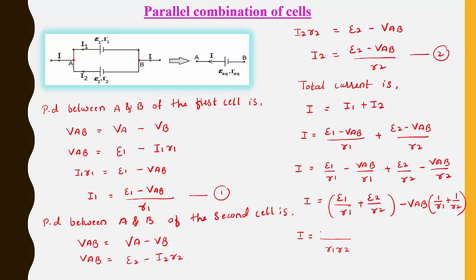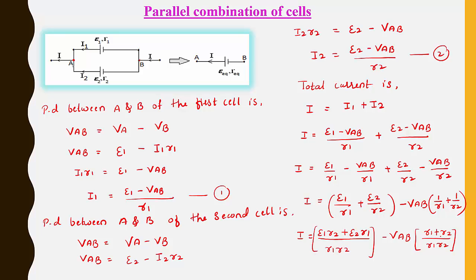So in the numerator we can write E1 R2 plus E2 R1. Remaining is minus VAB. Here also the LCM is R1 R2, and in the numerator we can write R1 plus R2.